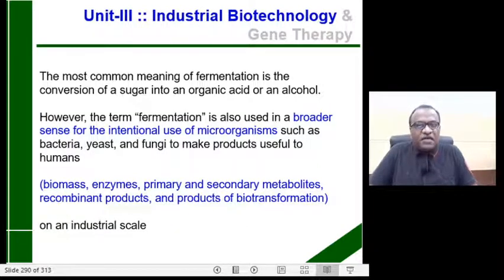The common meaning attributed to the term fermentation is that it is the conversion of a sugar into an organic acid or an alcohol. However, there is a broader meaning for the term fermentation.